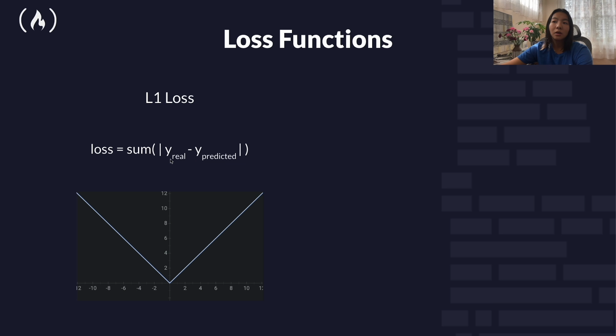The absolute value is a function that looks something like this. So the further off you are, in either direction, the greater your loss is. If your real value is off from your predicted value by 10, then your loss for that point would be 10. And this sum just means we're taking all the points in our data set and figuring out the sum of how far off everything is.